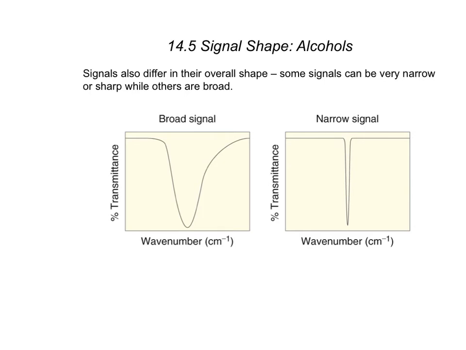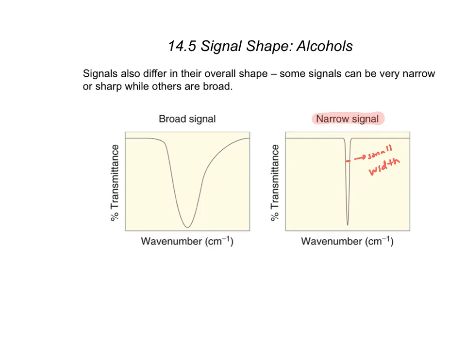One thing I want to do is define what I mean by shape. For the majority of signals, we're going to find what we call a very narrow signal, meaning that the width of our peak is very small. So this width is fairly small. This is what we mean by a very narrow signal.